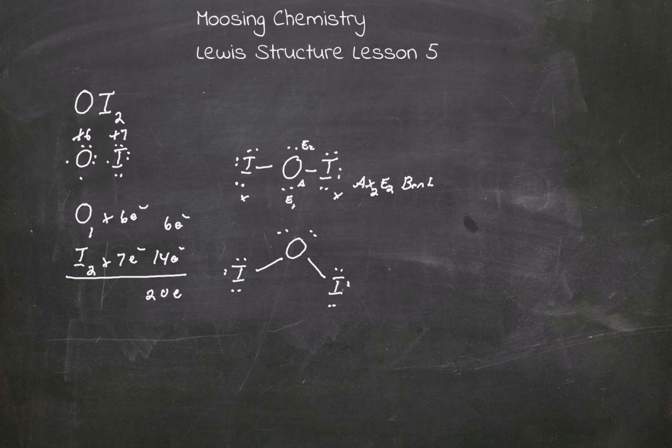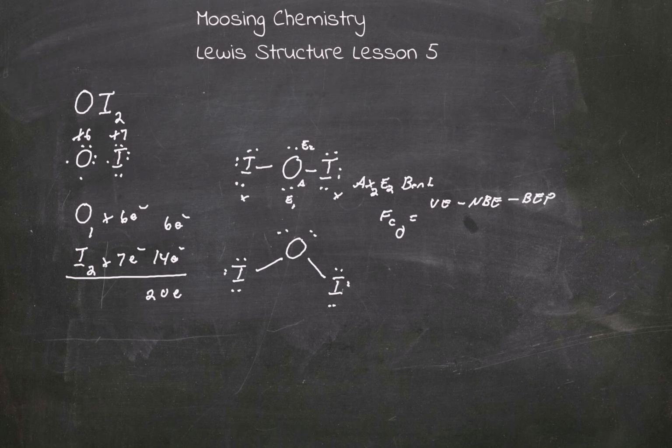Okay, now we got this. Let's see here. So we look at our total number of electrons, and 20 electrons are showing. Okay, so let's try our formal charge for oxygen to see if it's good. Remember that it's valence electrons minus non-bonding electrons minus bonding electron pairs.